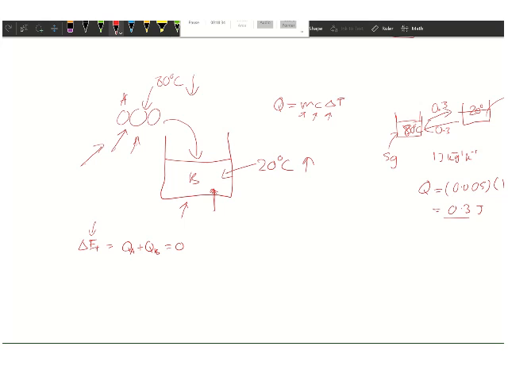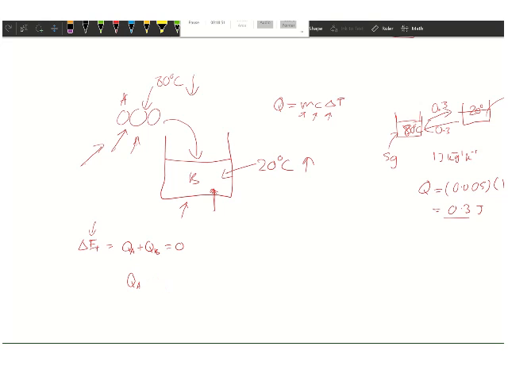The only thing that changes is the distribution. Some of the energy went to B, and some of the energy is lost from A. Only the distribution. So from here we get QA equals negative QB.